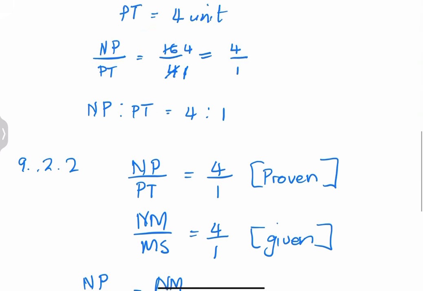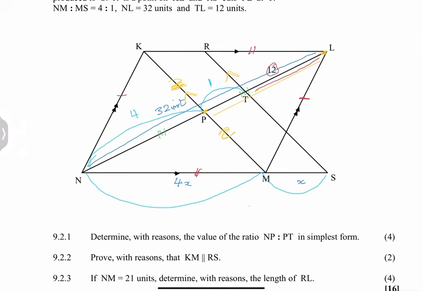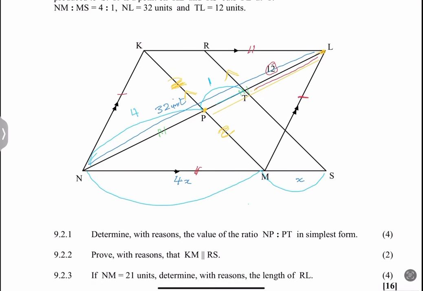Now, please note this. If we look at triangle PNTS, I'm going to try and highlight it. If we look at that triangle there, we've realized that the sides are proportional.